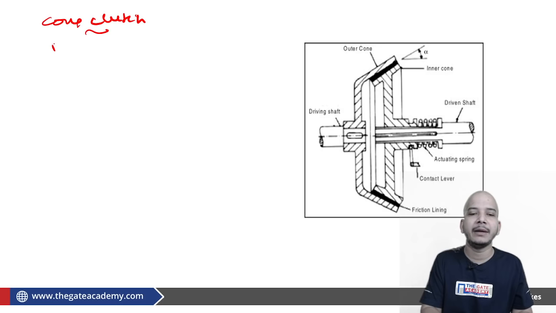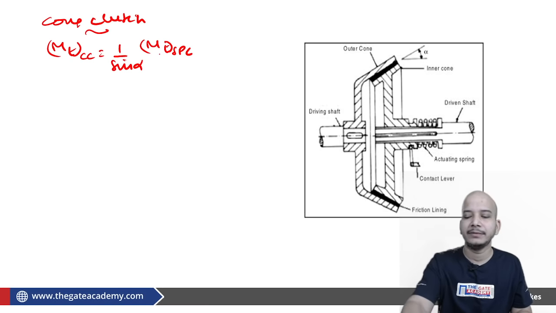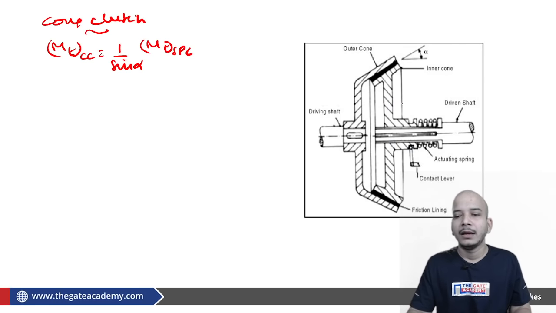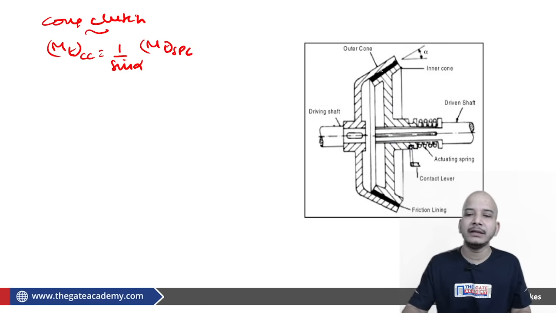If I say MT for the cone clutch, this will be equal to 1 by sine alpha times MT for the single plate clutch. Fine. The concepts will still remain the same. Here, what is sine alpha? Just watch here, because this is forming an imaginary cone.